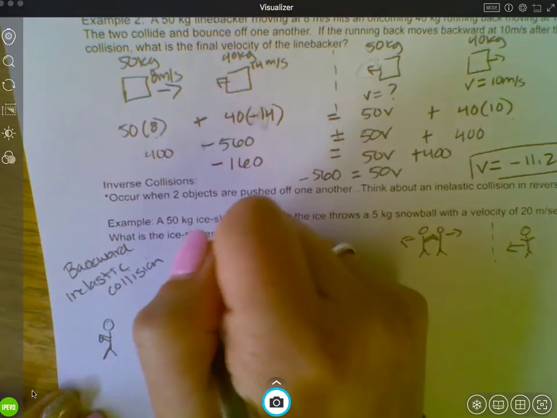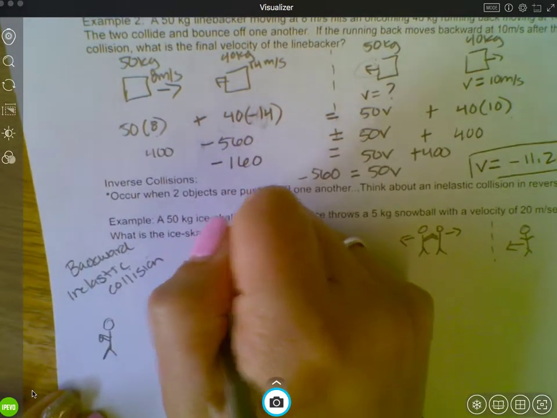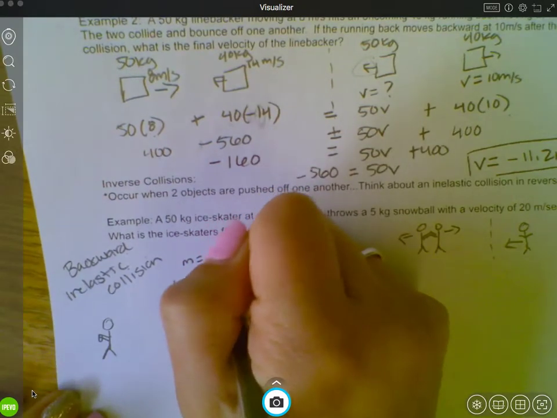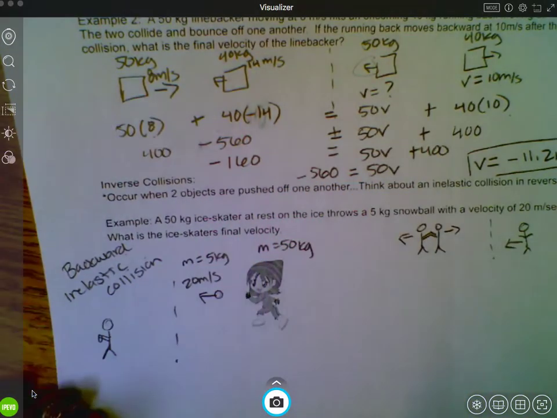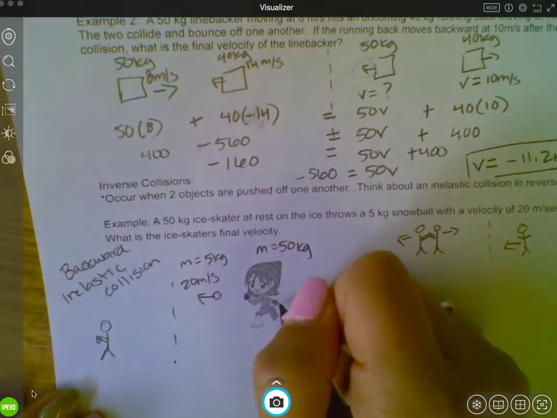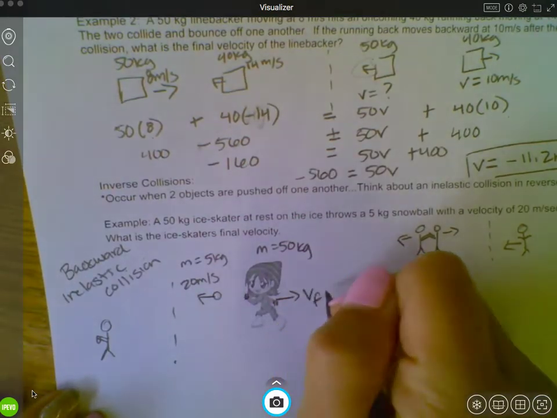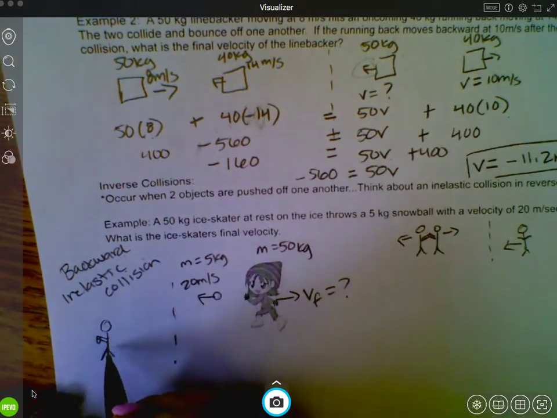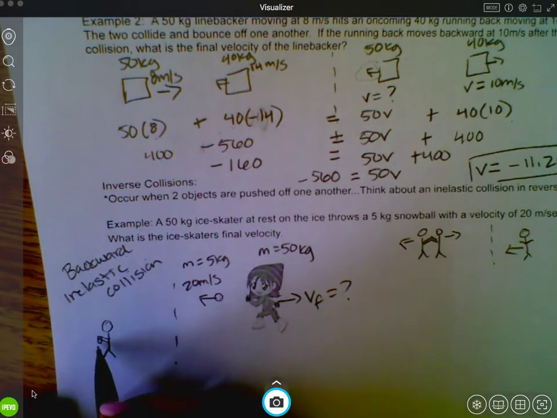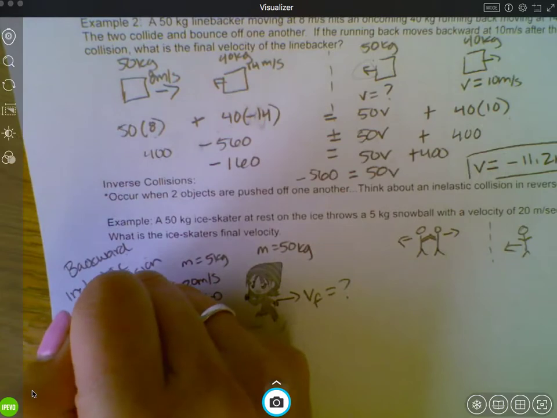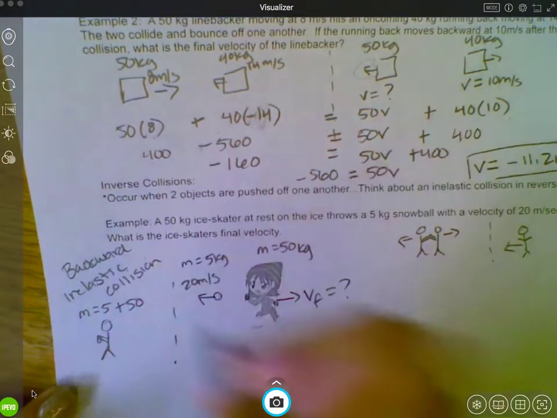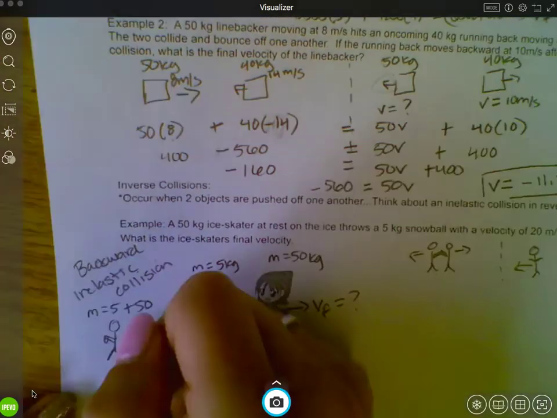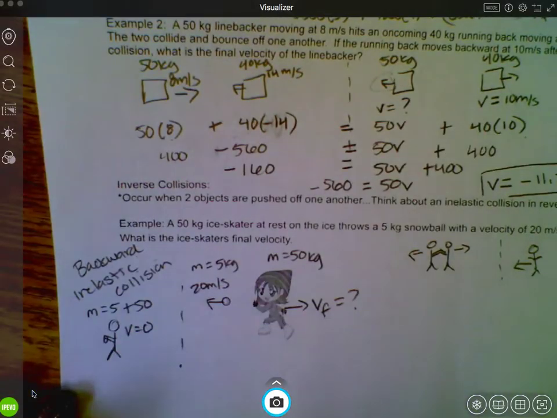The snowball itself is 5 kilograms. She is 50 kilograms. And they want to know what's her final velocity. So before, they were just at rest on the ice. They had a mass of 5 for the snowball plus 50 for the girl, and their velocity was 0.